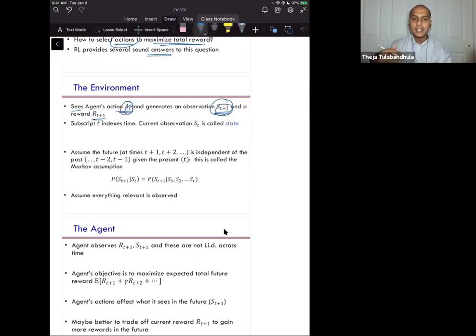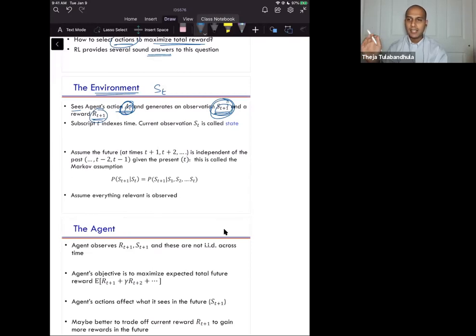I take action A_t when I see this. I'm looking from the environment perspective. I'm in state S_t, so I'm the user. I see an action A_t that the agent gives me, I change my state to S_{t+1}, and I give back a reward R_{t+1} to the person who generated the action.